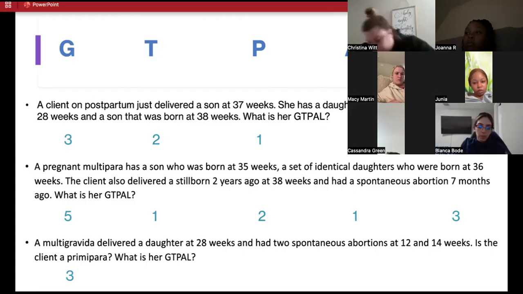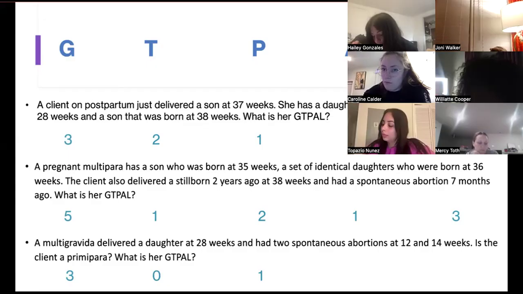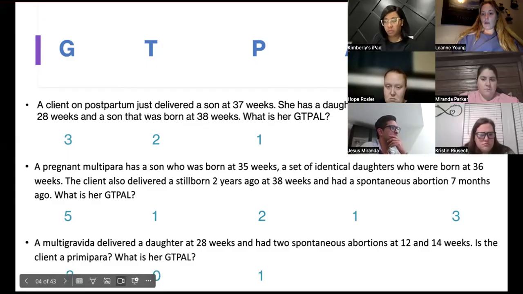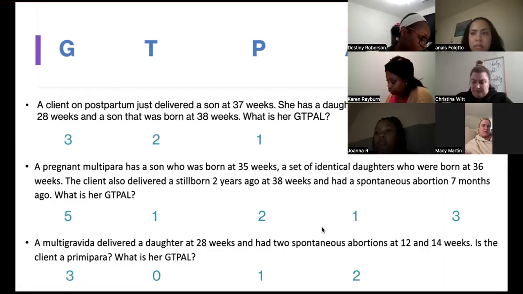No, she has 0. Zero. For preterm delivery, though, she had that daughter that was 28 weeks. So that would be a preterm delivery. How many abortions has she had? She's had 2, correct. So then how many living children does she currently have?